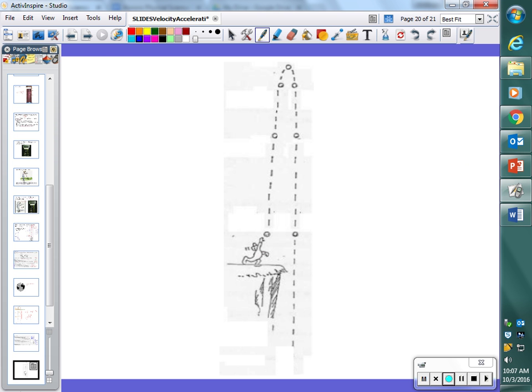Okay, the last two pages are pictures of somebody throwing this object up into the air. One thing we have to remember: this spot right here is always time equals 0. Or we would say that that's the instantaneous initial velocity.